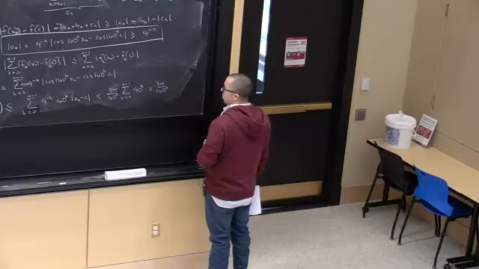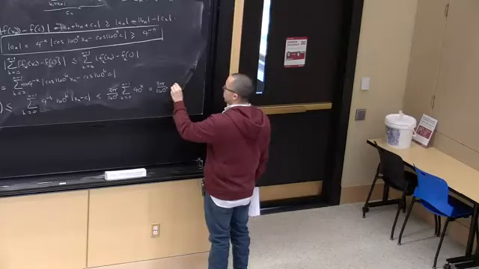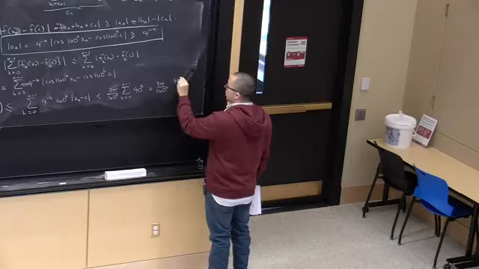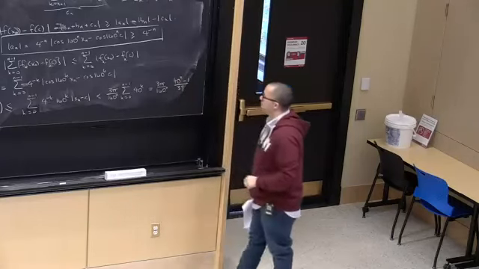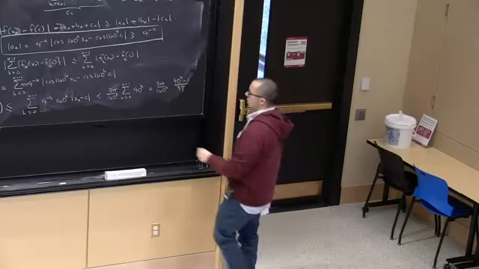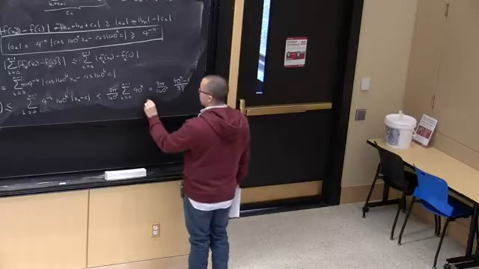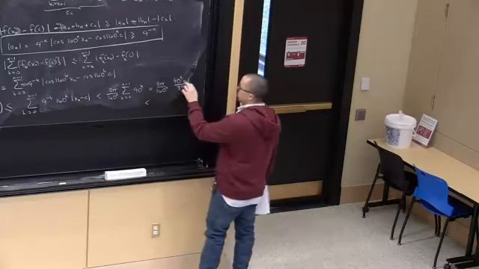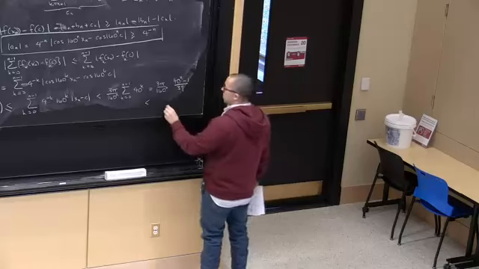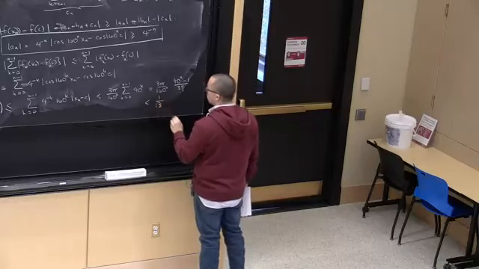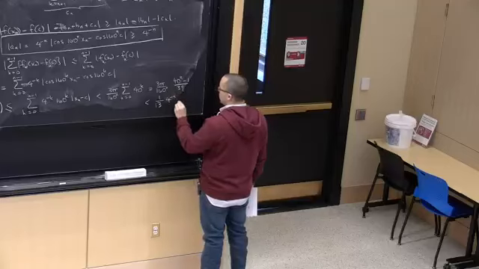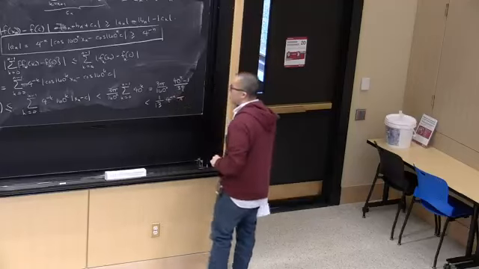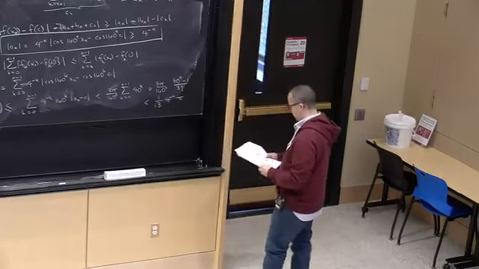This is equal to, what is this equal to? 40 to the n minus 1 over 39, which is less than, okay, so take away the 1. This is 1 over 13, 4 to the minus n times pi. Right?